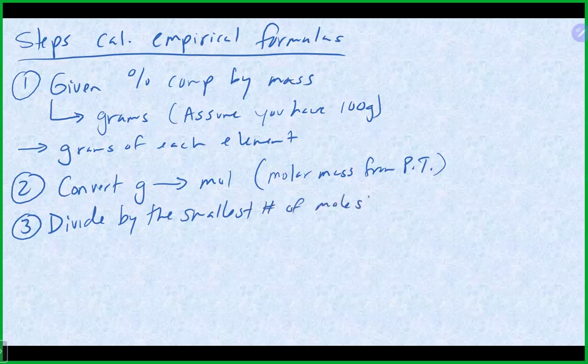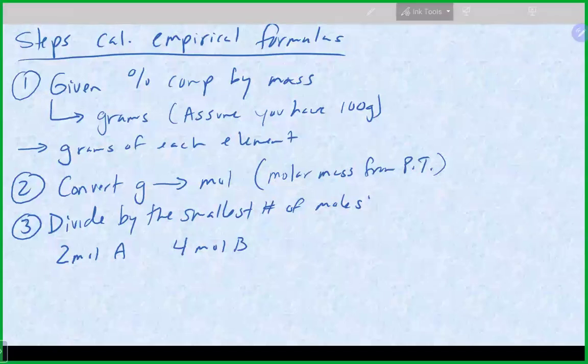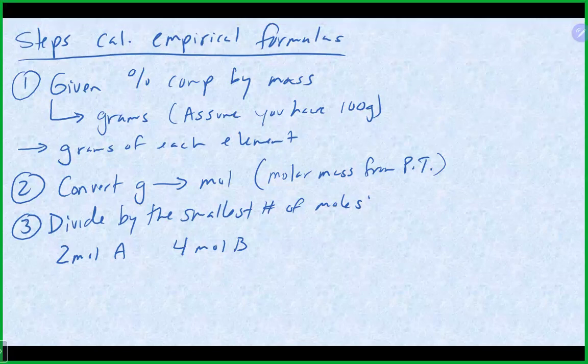So for example, let's just say you did step number 2 and you ended up with 2 moles of A and you ended up with 4 moles of B. And again, these are the moles that you ended up with when you did step number 2. Now, in this case, what we would do is look at each of those moles and see that 2 moles is the smallest number of moles.